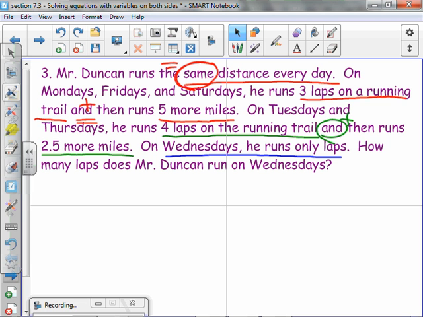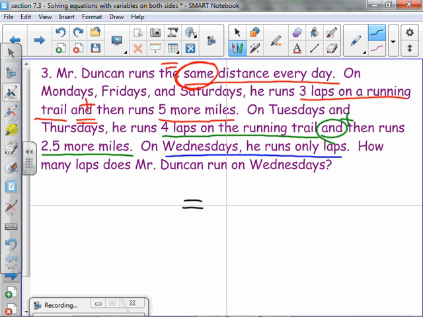Well, let's start with the first. There's a lot of stuff going on here. But what we're going to start with is knowing that Mr. Duncan runs the same distance every day, which means I'm going to have an equal sign right in the middle. And then I'm going to come up with a couple of expressions.